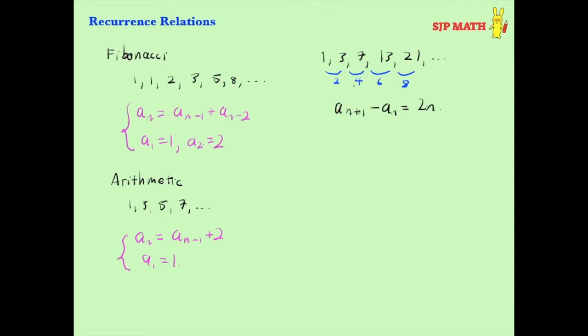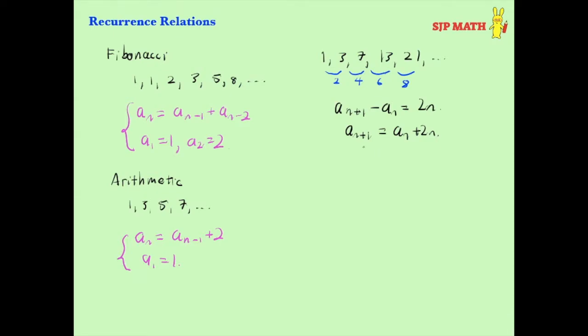Because we can see that a_2 minus a_1 is equal to 2 times 1 and so on. We can see an arithmetic sequence here, and we know the formula for these differences is 2 times n. So the difference between two consecutive terms, a_(n+1) and a_n, will be 2 times n. And if we rearrange it, we get a_(n+1) is equal to a_n plus 2n.